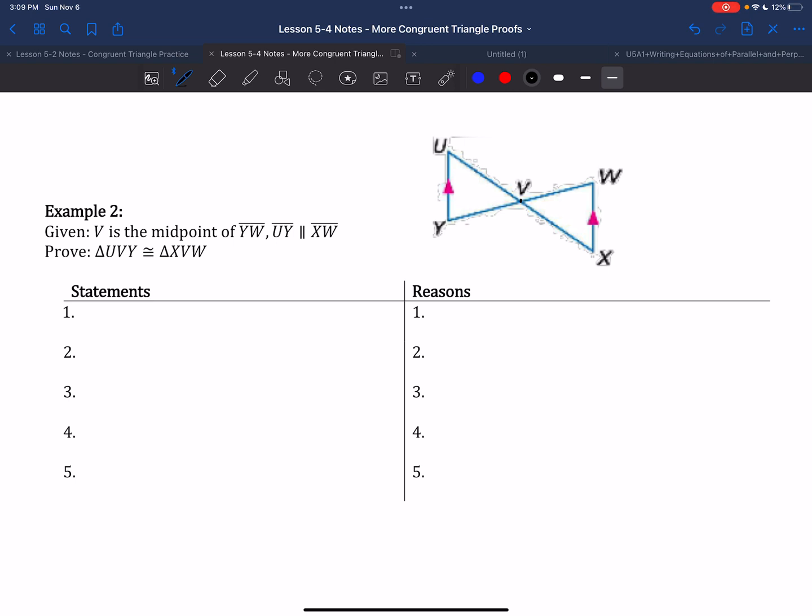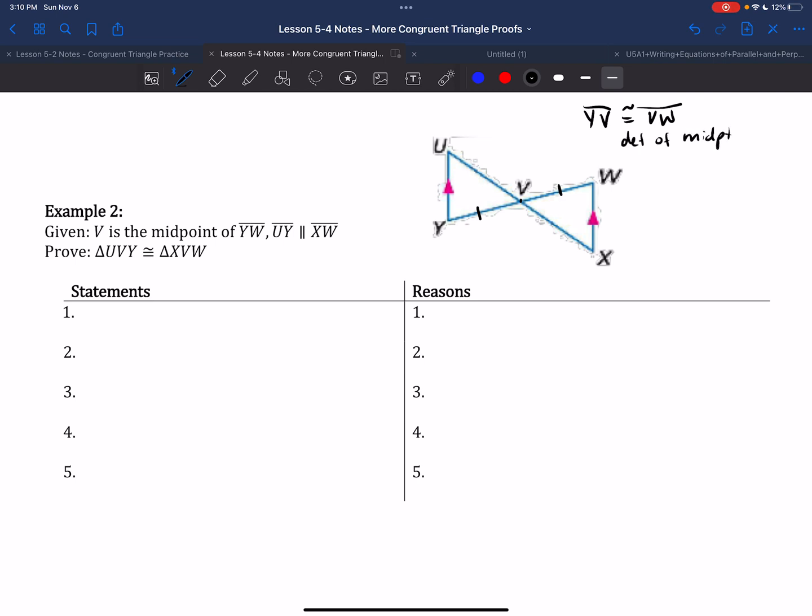Well, that means that this segment here and this segment here, these parts of the whole segment, are congruent to each other. So YV is congruent to VW. Let's go ahead and mark that with one tick mark there and one tick mark there. Okay, so YV is congruent to VW, and that's because of the definition of midpoint.